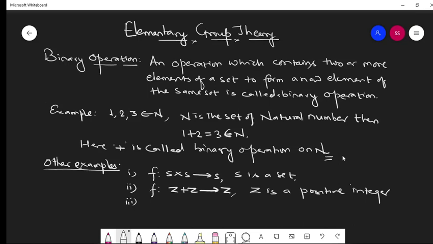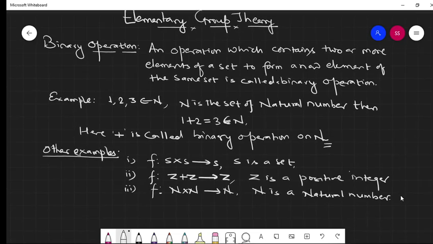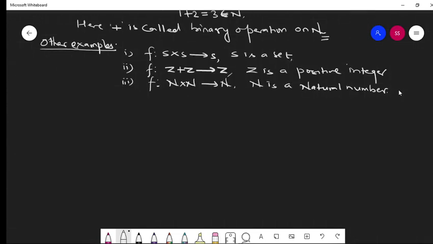We can also define f from N times N to N, where N is the natural numbers. So these are a few examples to understand the binary operation. For more details, while discussing the examples, it will be more clear.